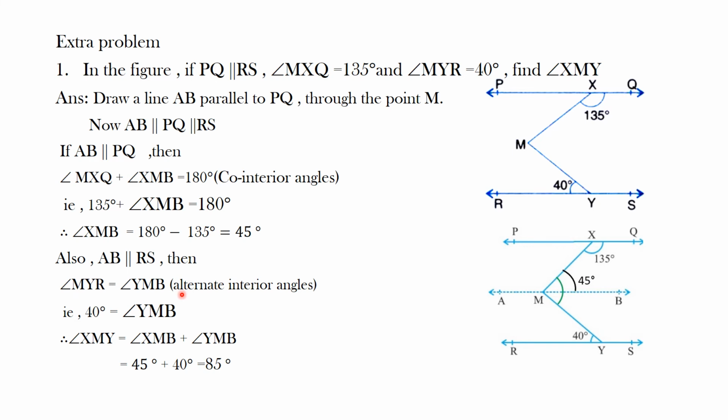And the alternate interior angles are equal if the lines are parallel, which is 40 degree is equal to YMB. Now to find XMY, I can add XMB and BMY. That is 45 degree plus 40 degree is equal to 85 degree.